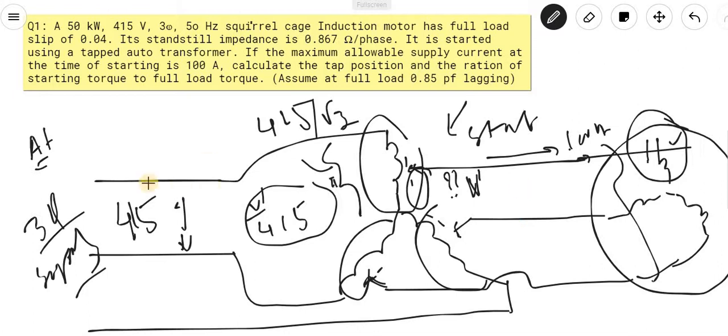Now the problem we'll be discussing: we have to find firstly the full load current. So what would be the full load current?